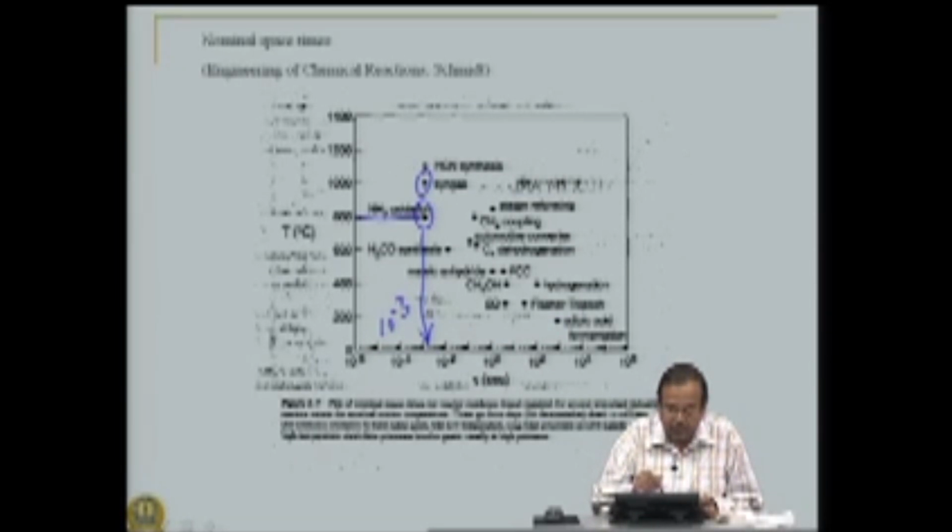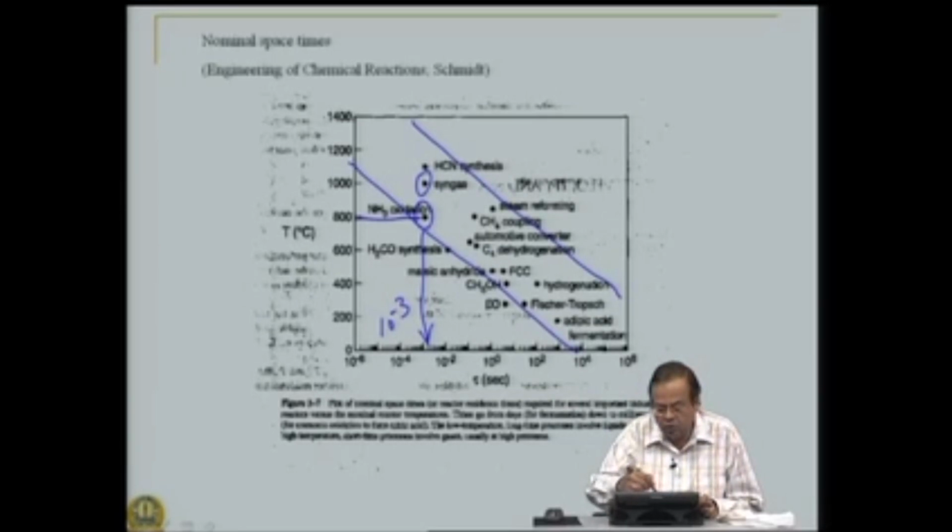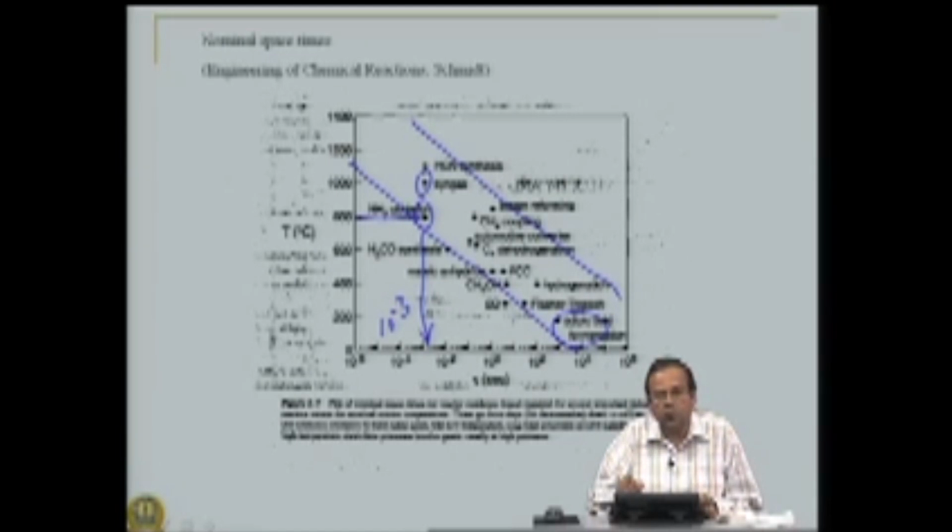So, higher temperature, lower residence time, because if you look at this plot, even though it is not falling on a single line, it is obvious that the trend is in this particular band, that is, the higher the temperature, the lower the residence time, and as the temperature of operation decreases, the residence time increases. For example, in the case of bacterial fermentations, residence times are hours, sometimes days, and these are carried out at 30 degrees.